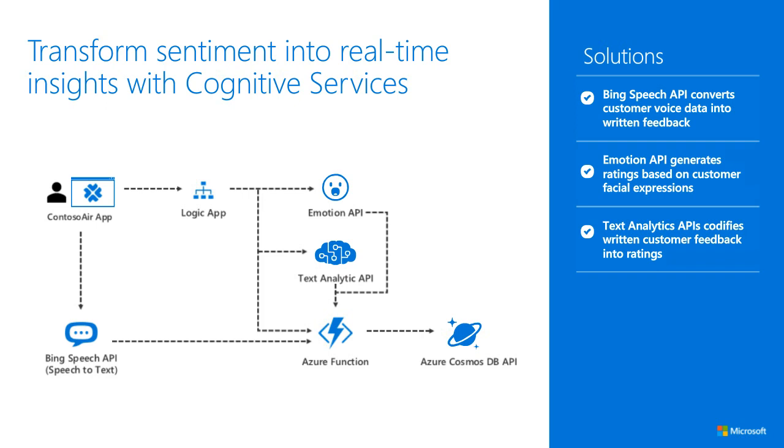And then from your root database, you can connect it to any different UI so that the different staff members or different stakeholders are able to see whether people are happy with the service, whether people are happy with flights, whether people are happy with how their overall flight has gone.